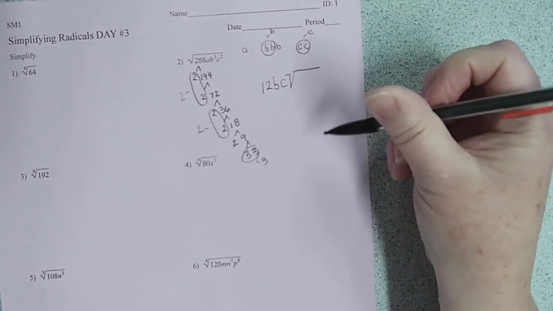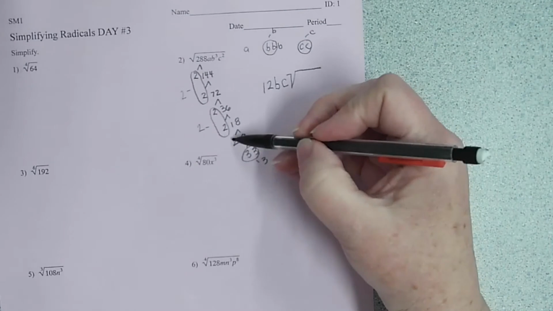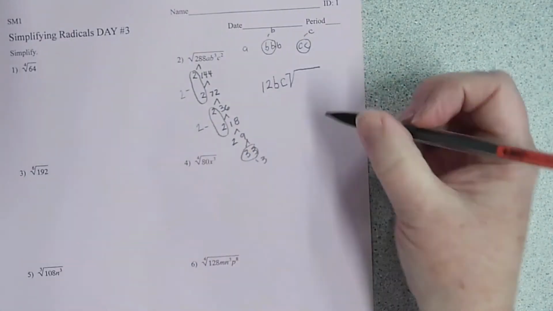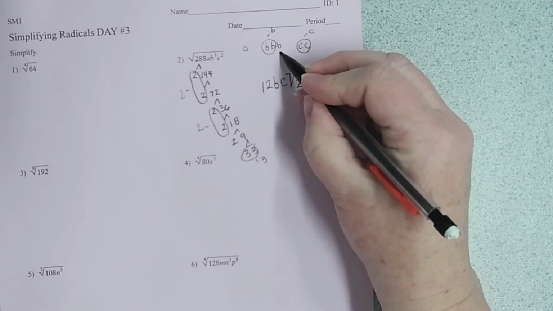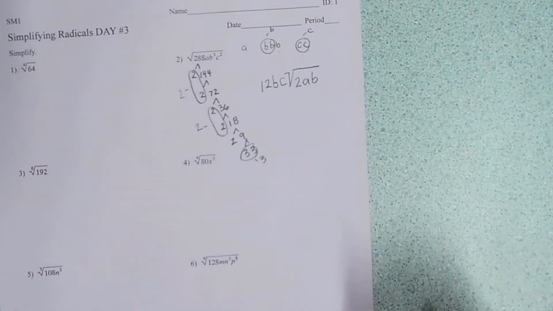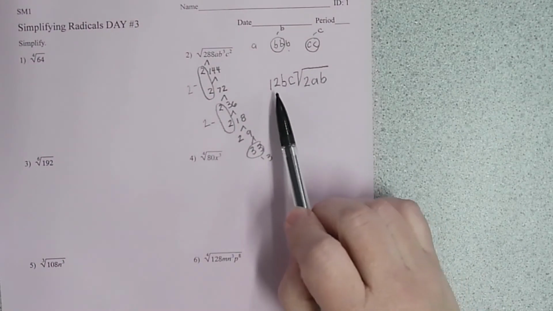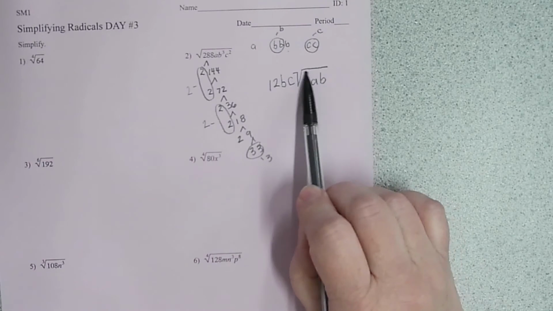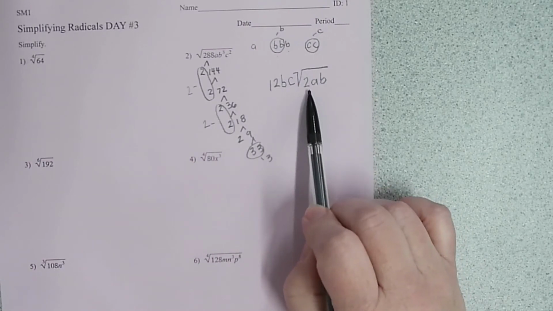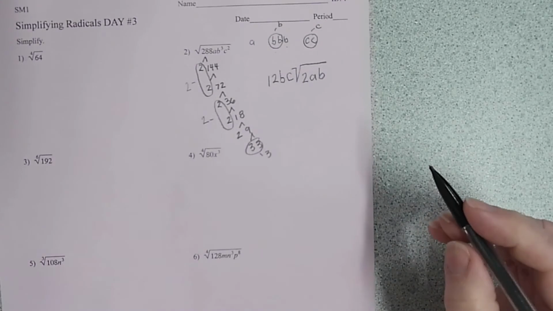So in our root symbol, on the inside of it, we have what's left over, what's not circled. So we have a 2, an a, and a b. So there is our answer. Remember, whatever we circled and put in pairs is going to be on the left of the root sign, and whatever is left over is on the right side, or the inside of the root symbol.